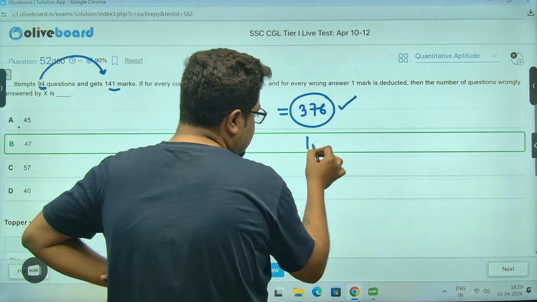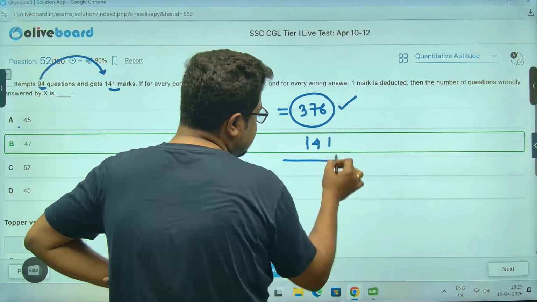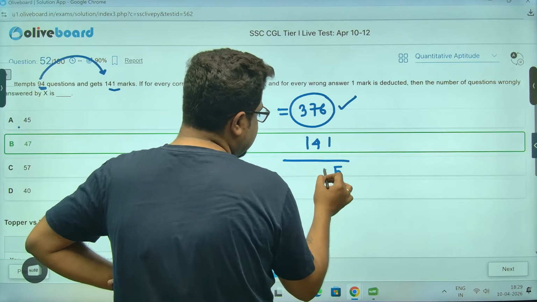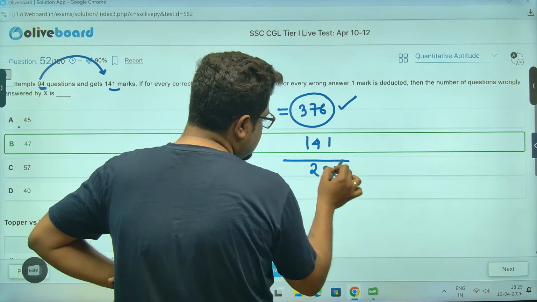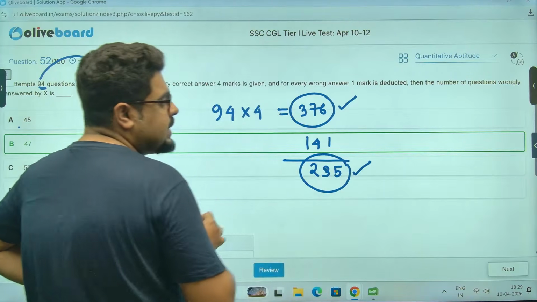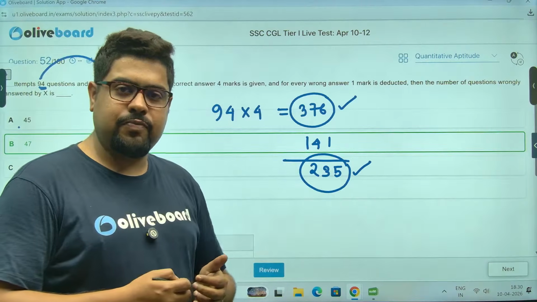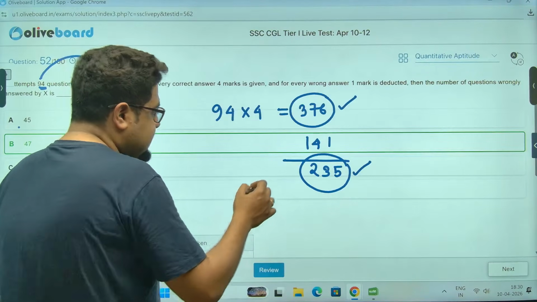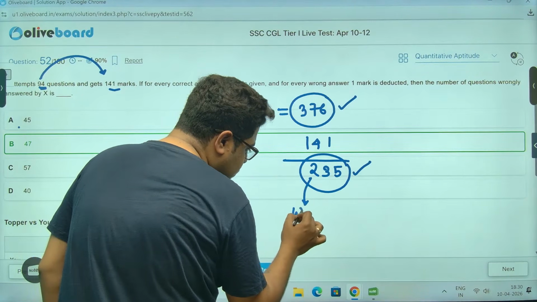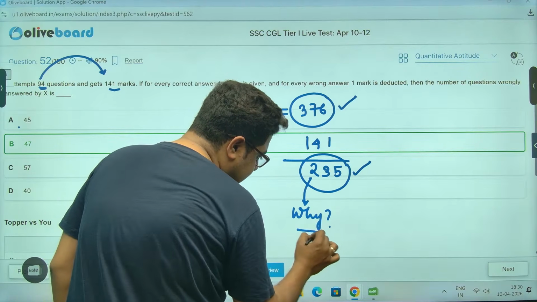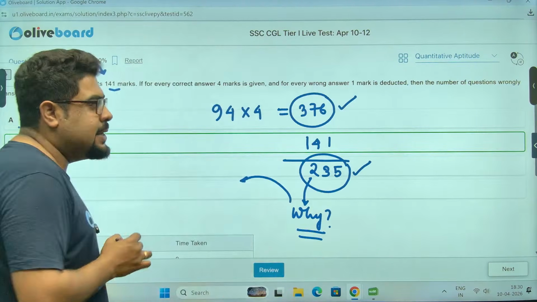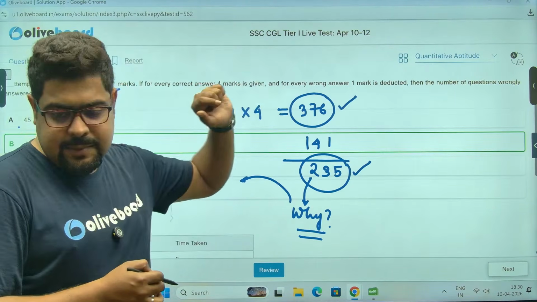Now, but again, he has got 141. Meaning how much less has he gotten? So this is 5 here, this is 3 here, and this is 2 here. So 235 marks less he has got. Now ask yourself the question, sir, why has he gotten 235 marks less? The answer to this you will get: for every wrong answer, what is happening?